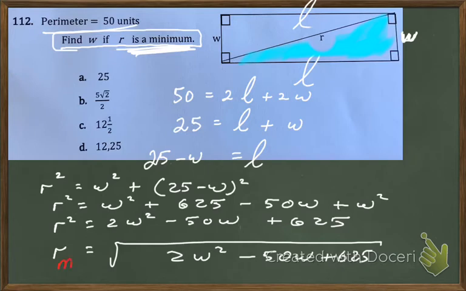The minimum value of R is the square root of the minimum value of the expression that you see in brackets, simply because the expression is a variable expression.